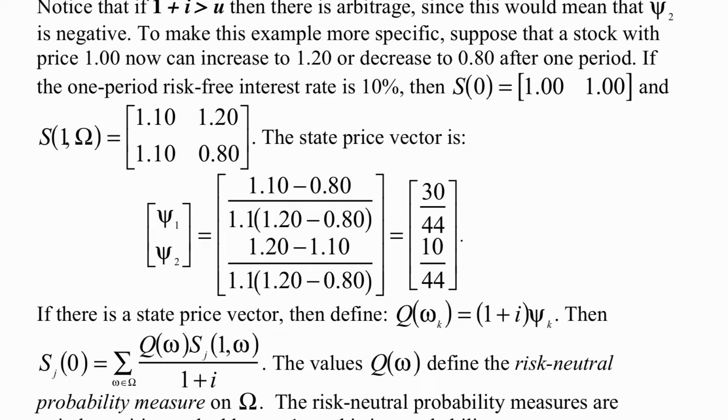These are the prices of payoffs of 1 in a specific state of the world and 0 in all other ones. So in the upstate, if you paid $1 in the upstate and nothing in other states, then in today's money that's worth 30 over 44, and in the downstate, a payoff of 1 and 0 in other states is worth 10 over 44 in today's money.